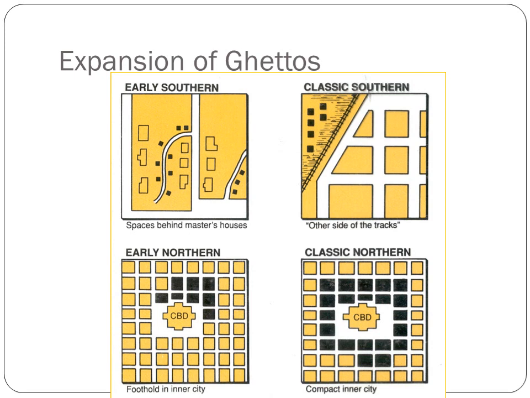Okay, the early southern you can see is areas that would be associated with plantation agriculture, living in houses behind, as it says there, behind the master's house. But then the classic southern is kind of the other side of the tracks, tend to be a more remote area in a rural environment.